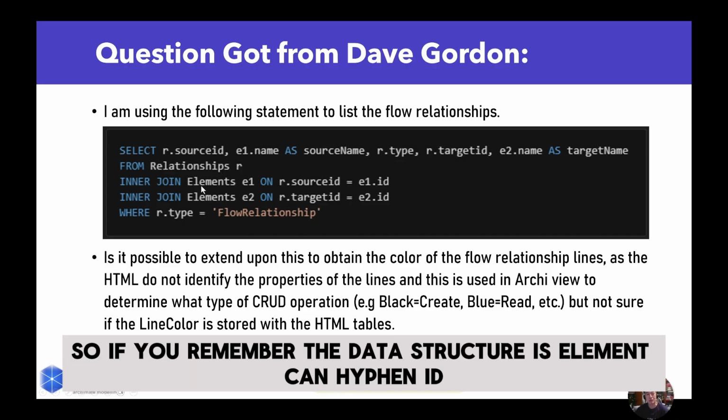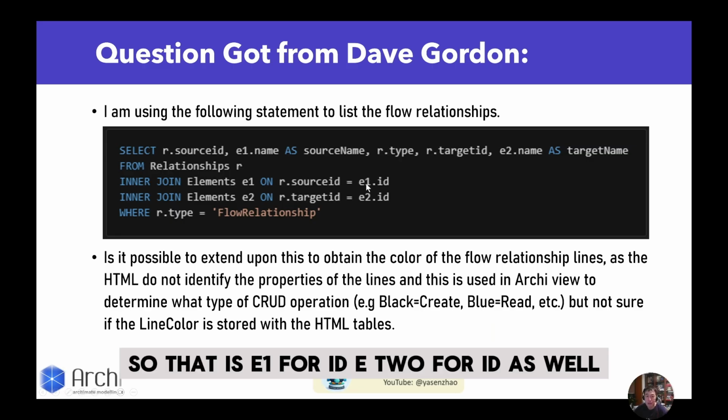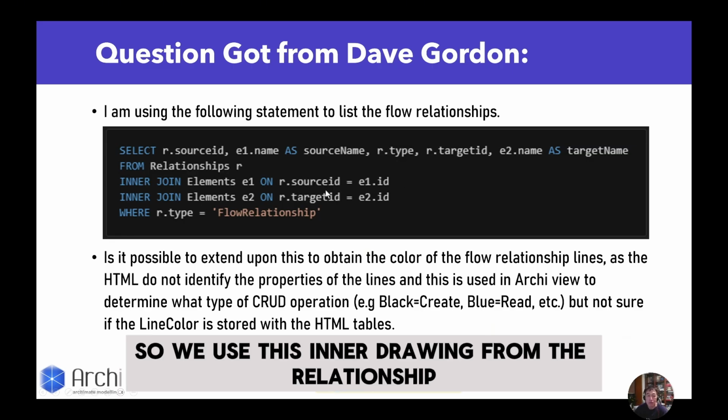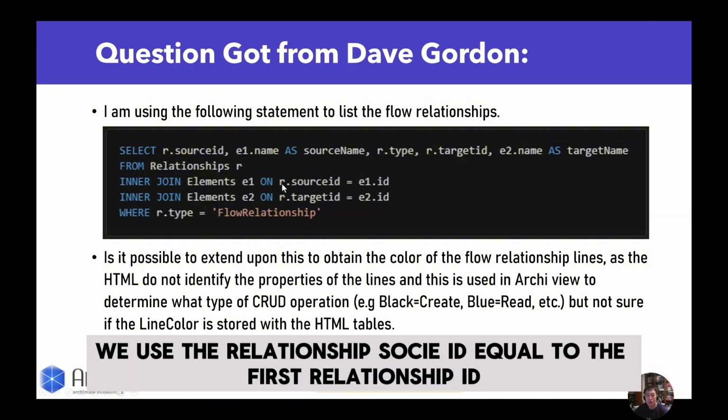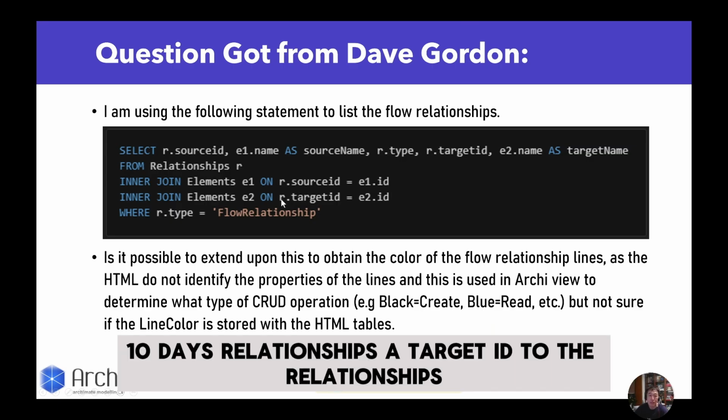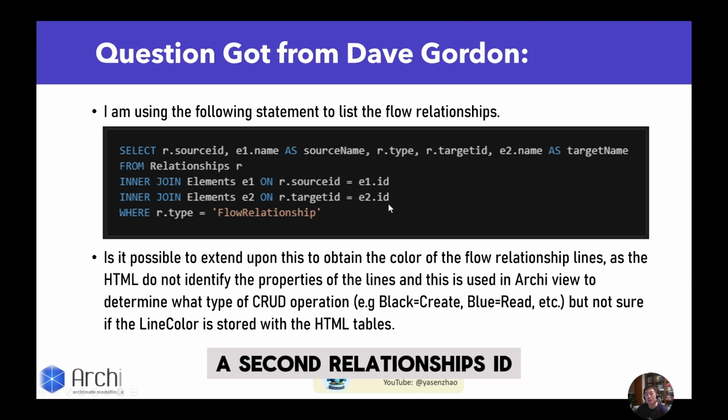If you remember the data structure, an element can have an ID, so that is E1 for element and E2 for element as well. We use this inner join from the relationship: the relationship's source ID equals the first element's ID, and the relationship's target ID equals the second element's ID.